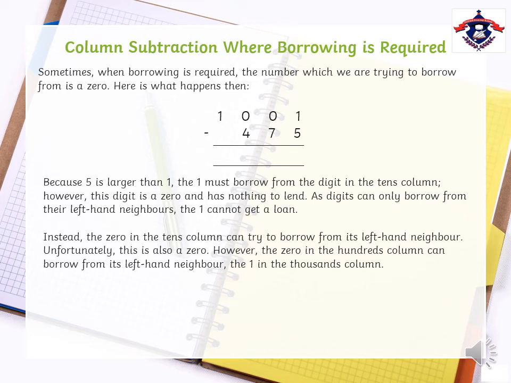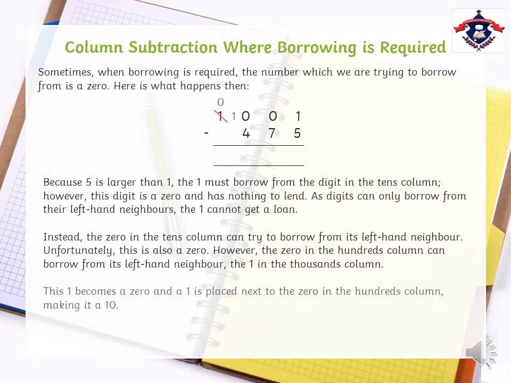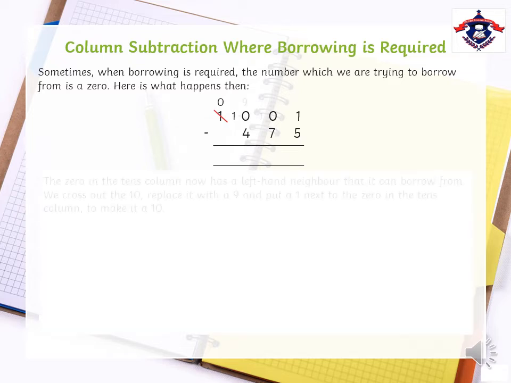Instead, the 0 in the tens column can try to borrow from its left-hand neighbor, but unfortunately, this is also a 0. However, the 0 in the hundreds column can borrow from its left-hand neighbor, that is, the 1 in the thousands column. This 1 becomes a 0 and a 1 is placed next to the 0 in the hundreds column, which makes it a 10.